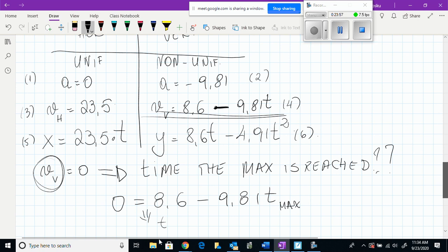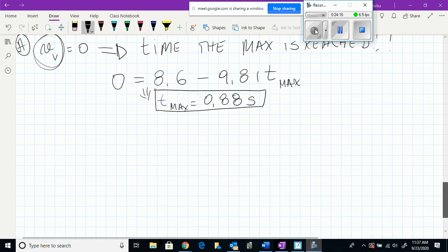From here, we find that the time that the maximum is reached will be 8.6 divided by 9.81, and it is 0.88 seconds. Is this clear? So we found the time that the maximum is reached.